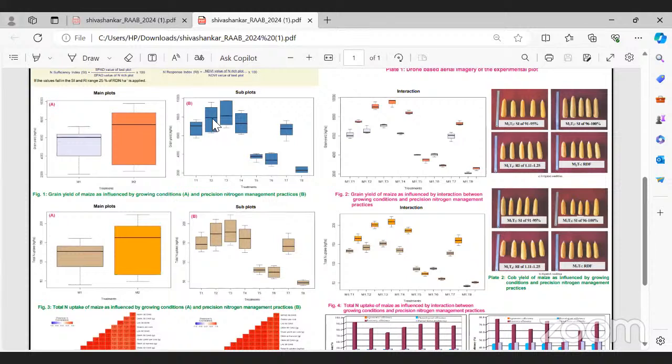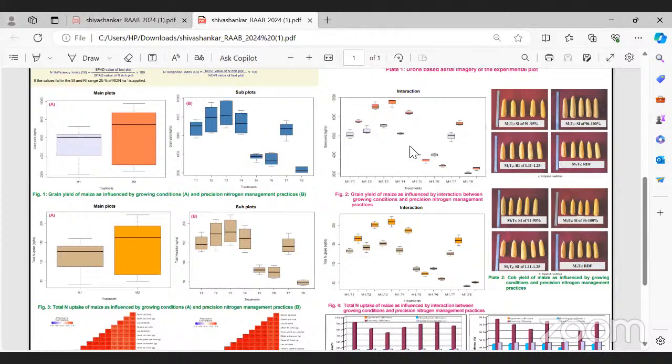However, nitrogen application at sufficiency index of 96 to 100% and response index of 1.11 to 1.25 recorded on par grain yield and total N, P, and K uptake as compared to the rest of the treatments.